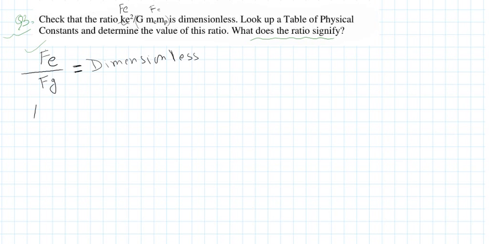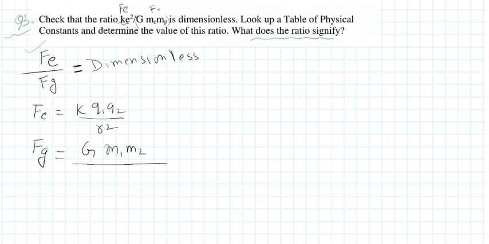So as we know, from Coulomb's law this will be k q1 q2 upon r square, and the gravitational force is the gravitational constant times the product of the masses of that particular object, upon the square of the distance.